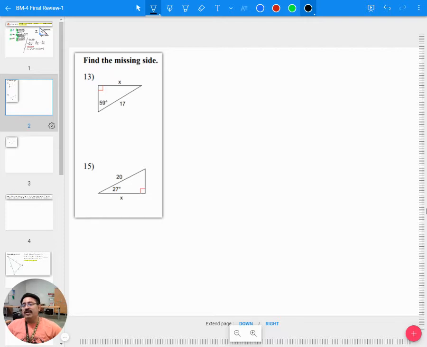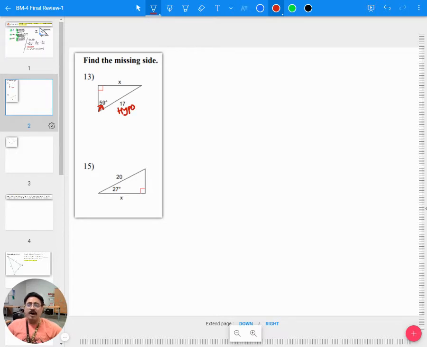Starting with this example, find the missing side. Here an angle is given, which is 59 degrees. And please notice that the side opposite to 90 degrees is known as the hypotenuse. Therefore, this is the hypotenuse.